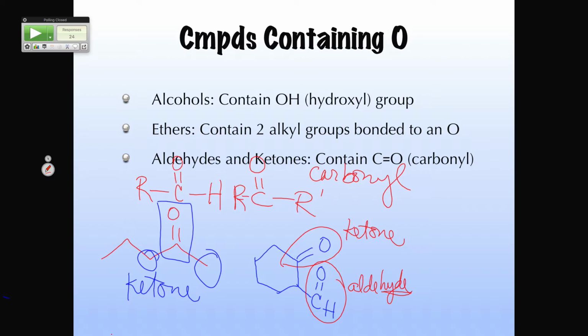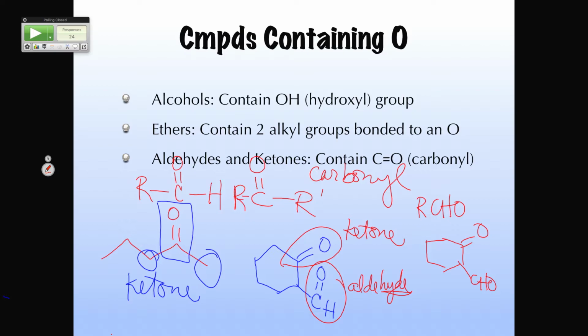Practice. Now, another way that we draw those. Do you remember when we talked about the condensed formulas and we smashed them all down? You can write it like this, the CHO. So I could have drawn that compound like this, with a CHO instead of drawing it all out.